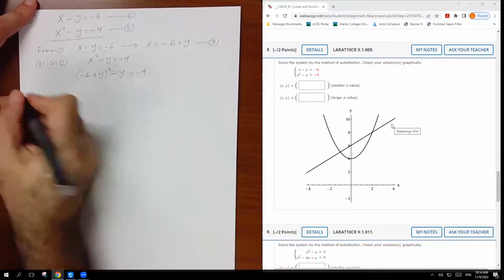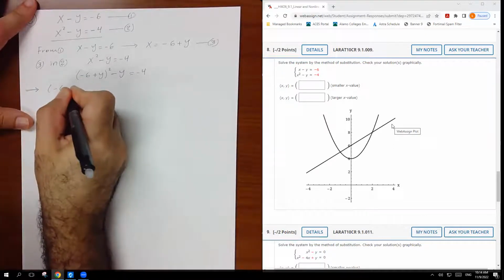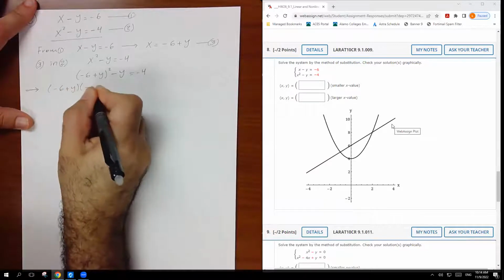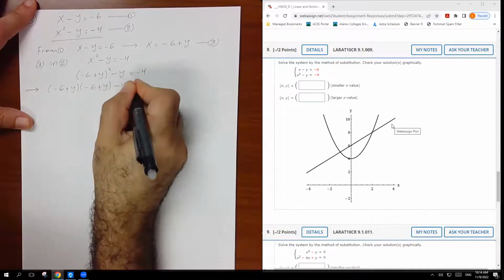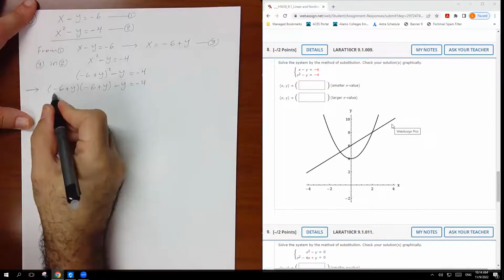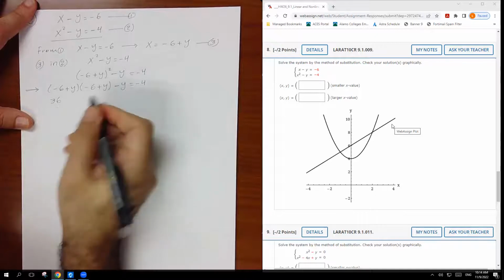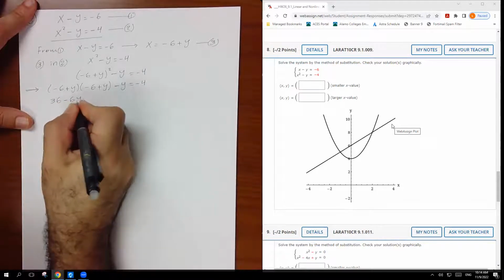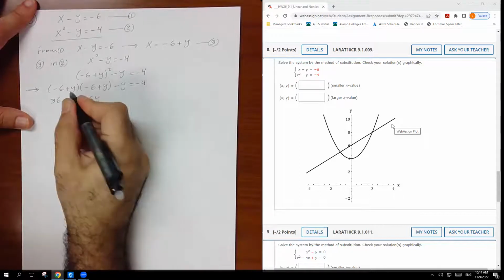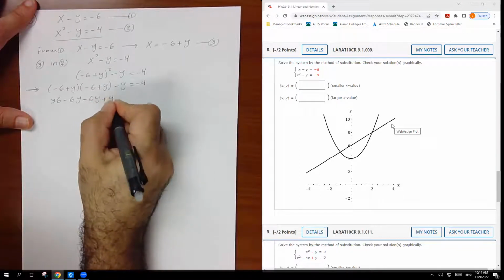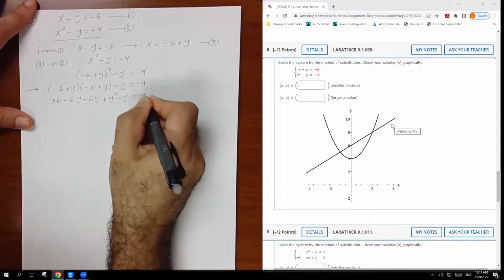It's (-6 plus y)(-6 plus y) minus y equal -4. -6 times -6 is going to be 36. -6 times y is -6y. y times -6 is -6y. y times y is plus y squared, minus y is going to be equal -4.